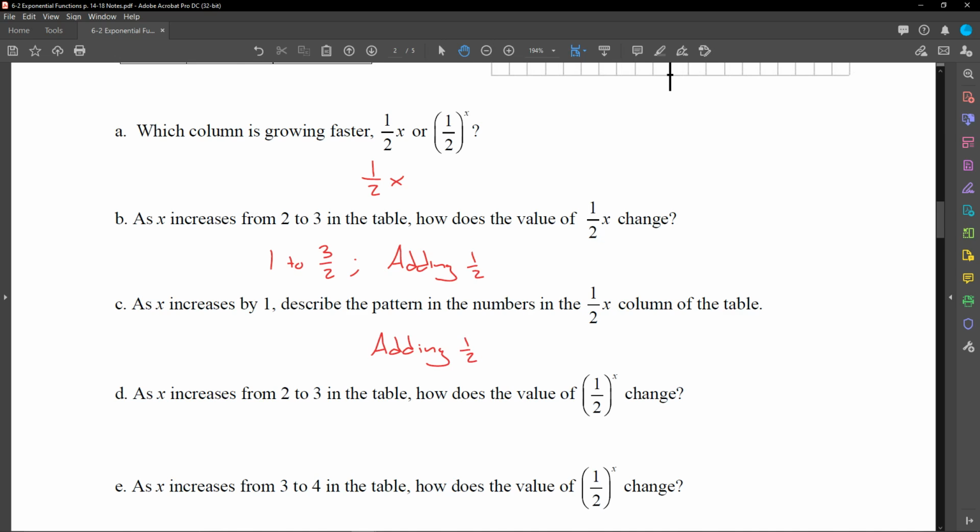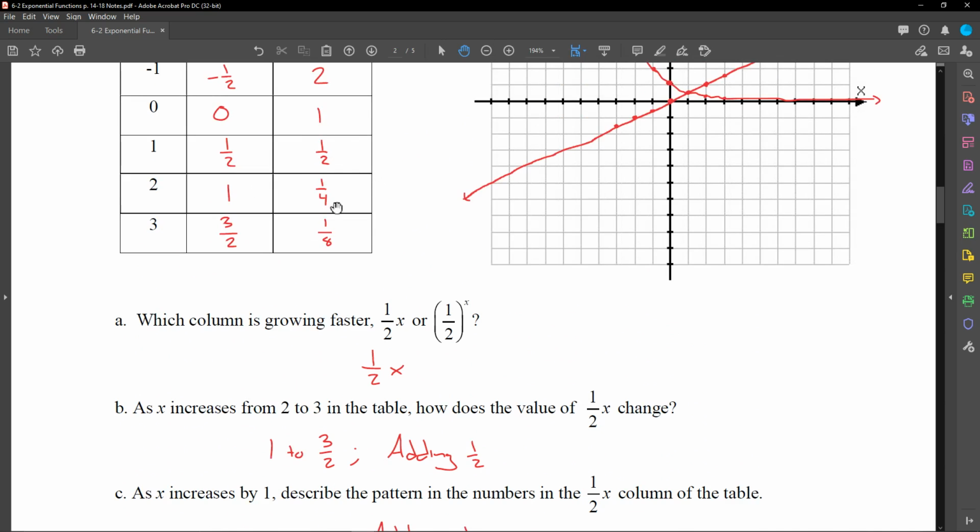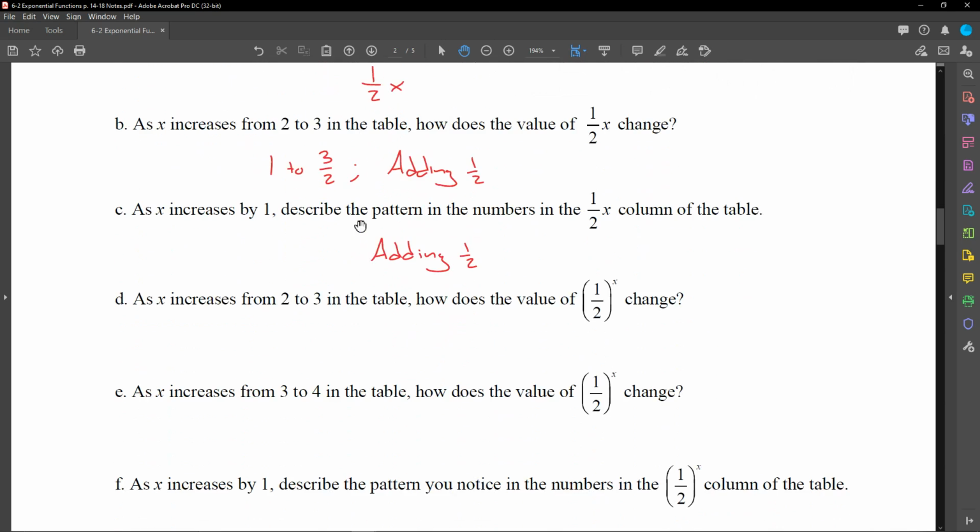Now for 1/2 to the x, what happens from 2 to 3? We go from 1/4 to 1/8. So how does that change? Well, we're dividing by 2 each time, or we're multiplying by a half. So from 1/4 to 1/8, you can say that we divide by 2.